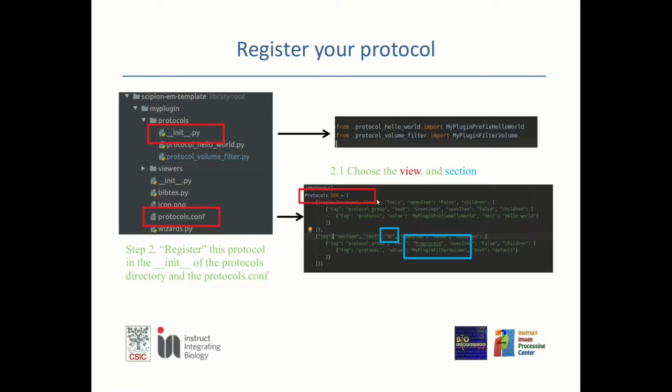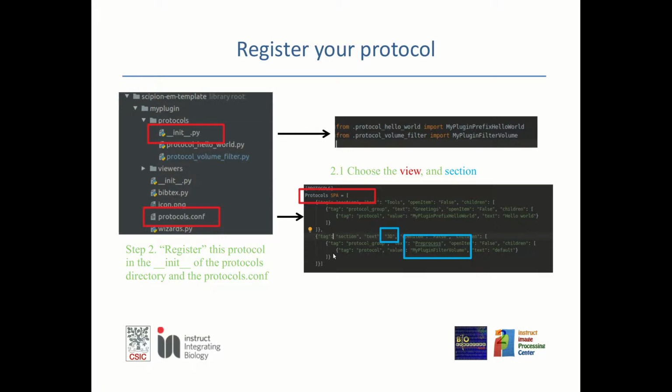For instance, there is one for single particle analysis, another one for tomography, another one for model building. So you have to specify which view you want to include it. You can include the same protocol into multiple views if you want, and then inside that view you have to decide in which section, this is the 3D, and which subsection, this is the pre-process, and then there you have to create this line.